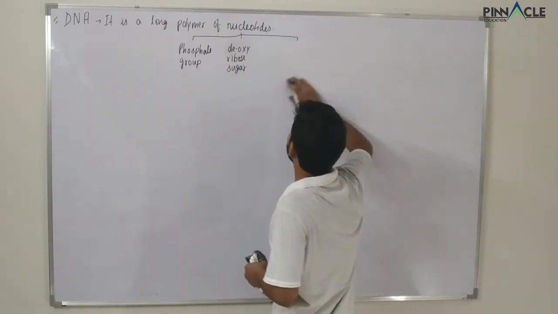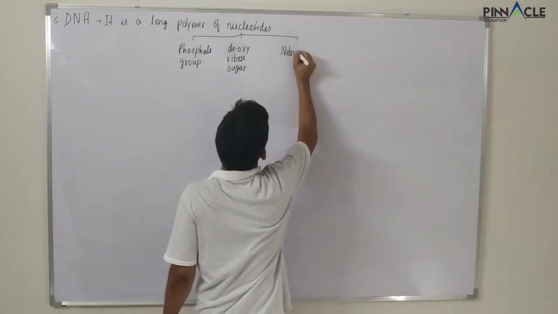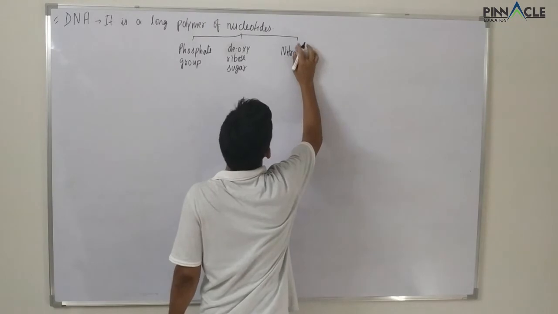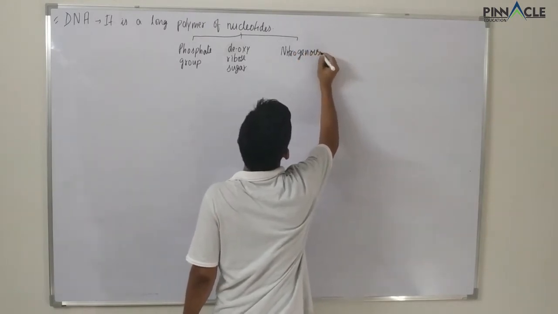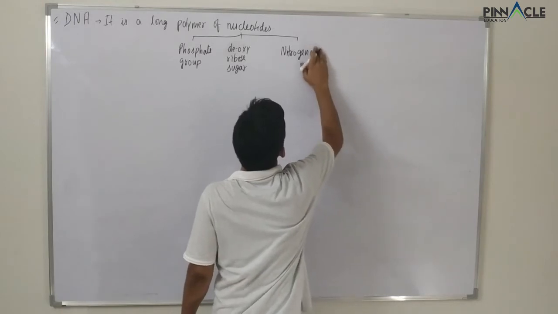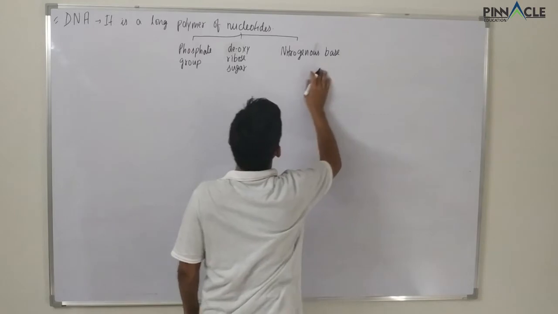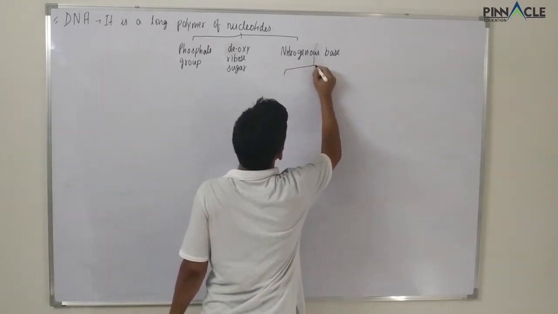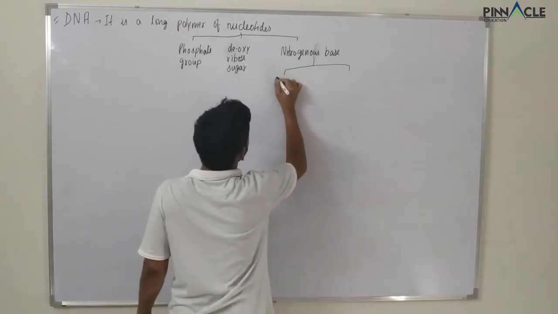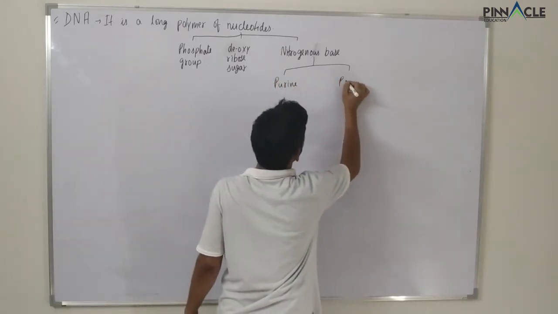And the third thing that it contains is a nitrogenous base. Nitrogenous bases are also of two types. The first one is called purine and the other is pyrimidine.